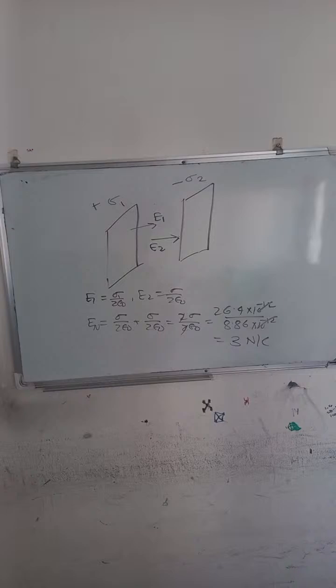The electrostatic force exerted by object W on object X is F. Then the magnitude of the force exerted by object W on Z is option A F by 7, B F by 5, C F by 3 and D F by 2. Okay, so the figure is given.